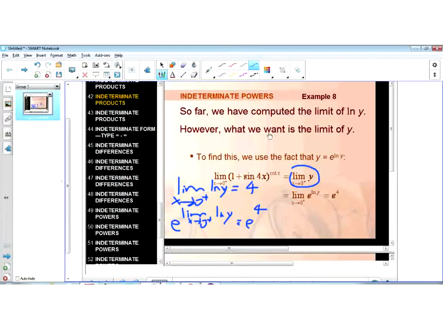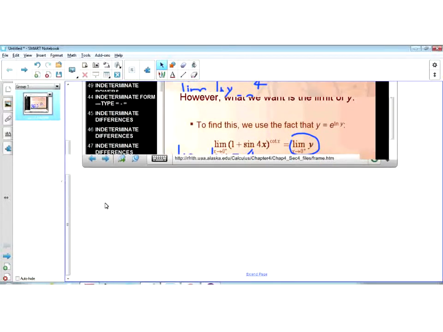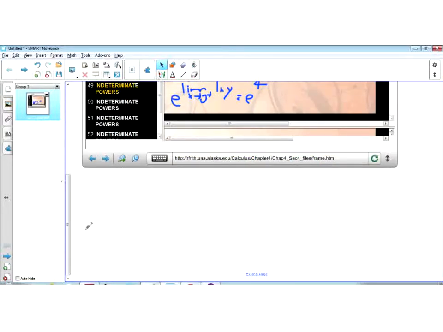Now, by the limit laws, we're left with having to reconcile e to the limit as x approaches 0 plus of the natural log of y is equal to e to the 4.